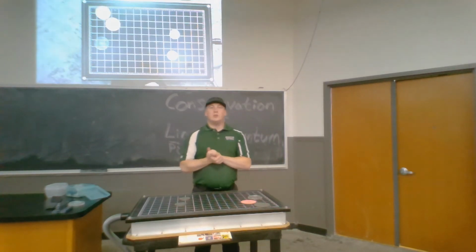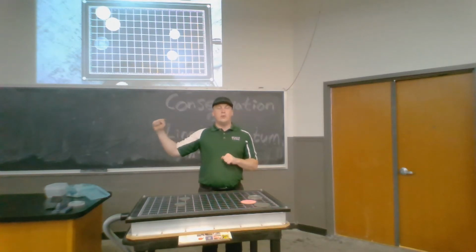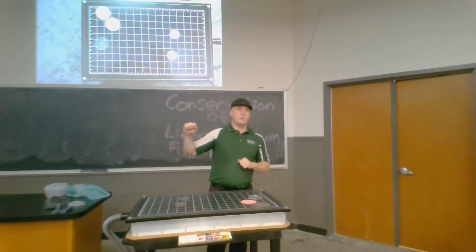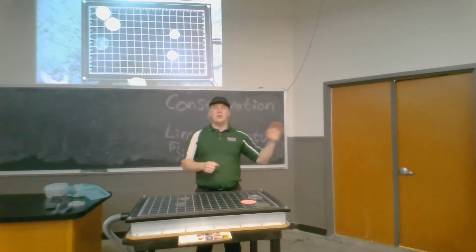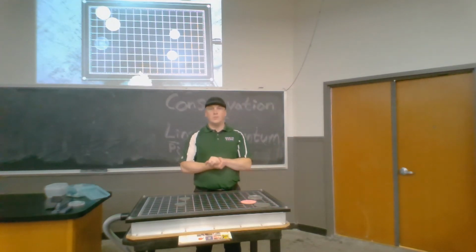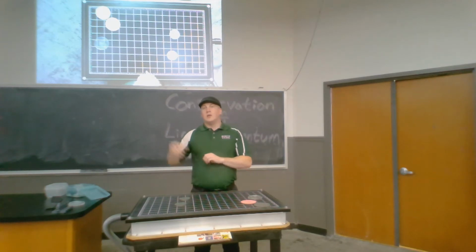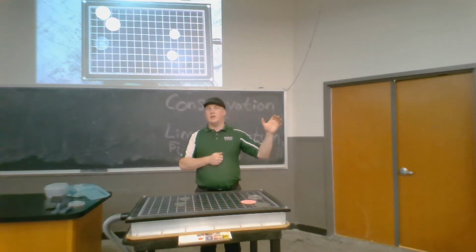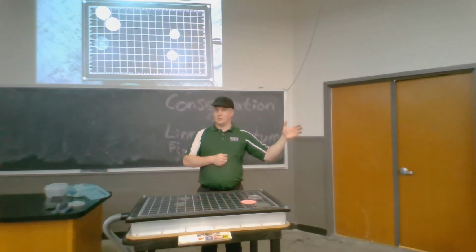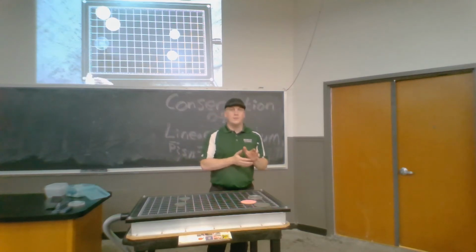So the momentum of the system initially in the x direction has to equal the momentum of that system finally in the x direction, and the same in the y.